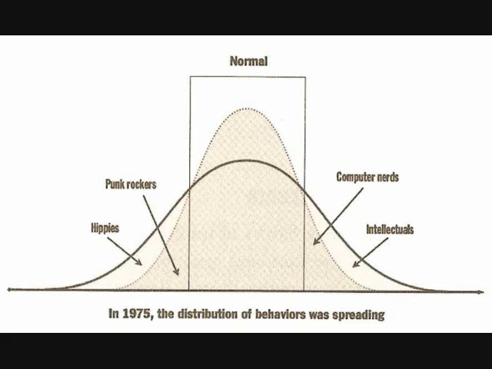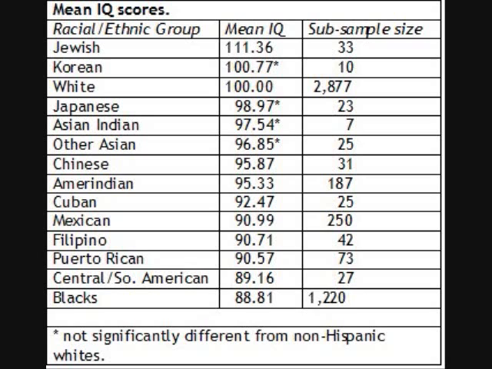Again, you see this with class, not only in terms of intellect but in terms of what you are rated as. Generally, if you're a punk rocker or a hippie, you're on the low end. If you're a computer nerd and an intellect, you're on the higher end.